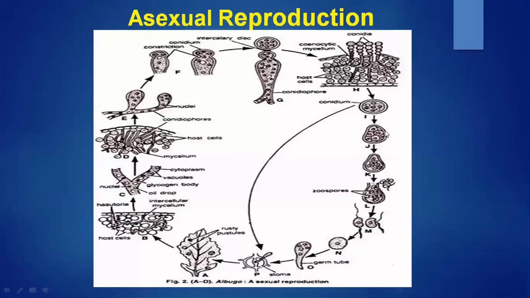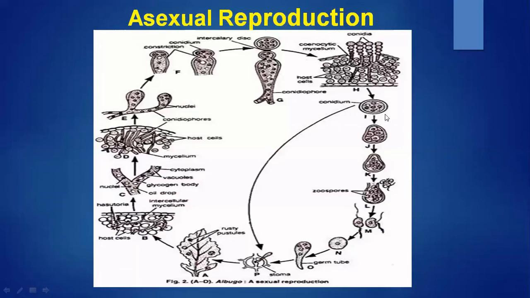Now from this it enters into the third step, that is germination of conidia. As I said, the germination of conidia depends on the temperature, and it occurs in two ways. When there is a high temperature, when the weather is dry, the sporangium acts as a conidium, and it is non-motile in nature.